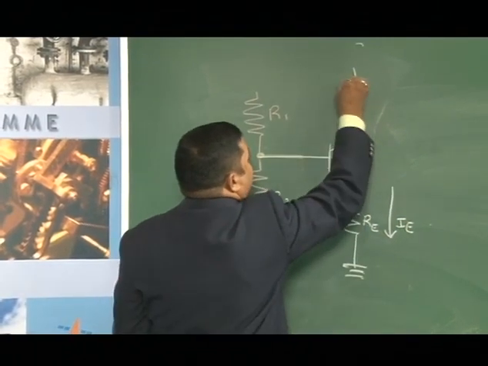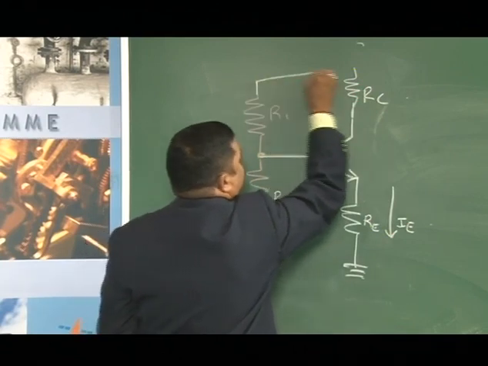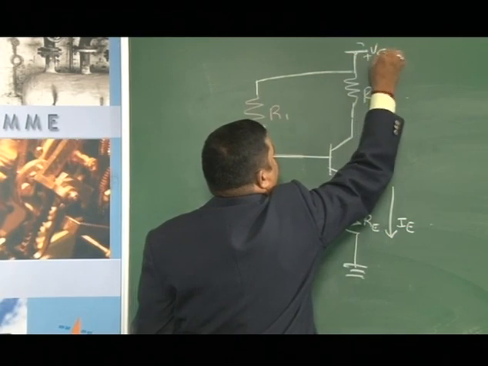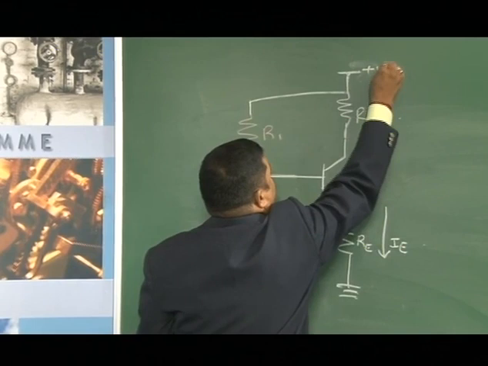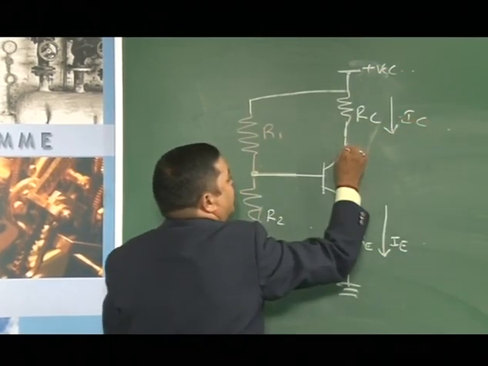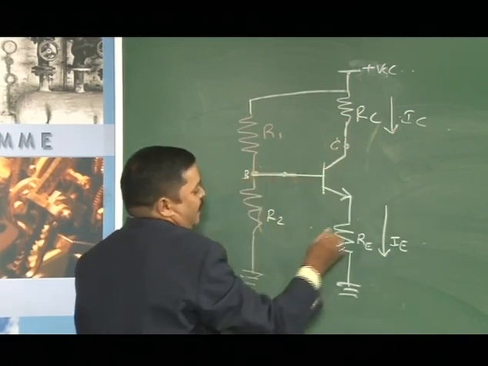Then there is a collector resistor RC. R1 is connected to plus VCC in this way. IC is flowing in this direction, and this is the collector point, this is the base point B, this is the emitter E.